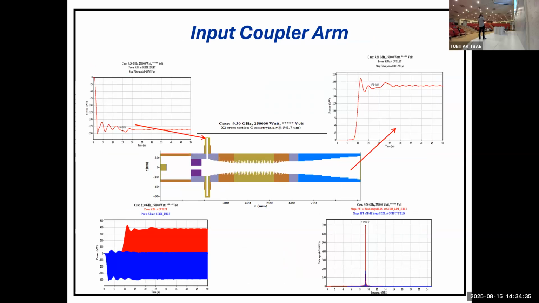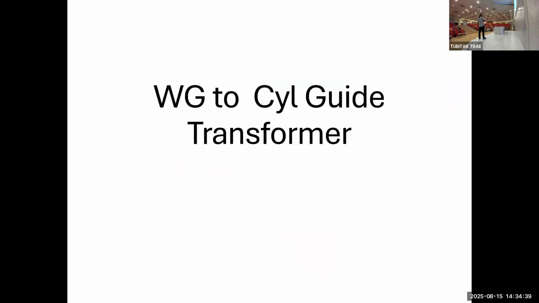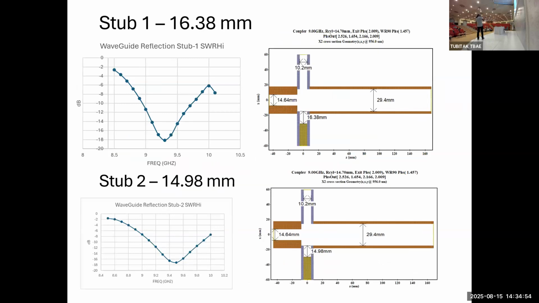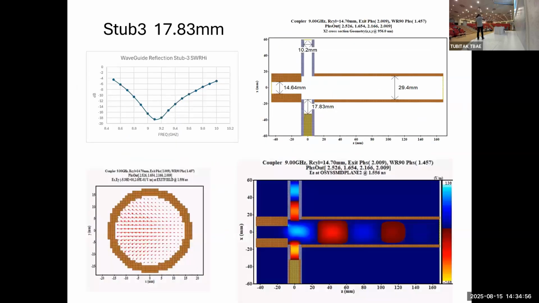This is the input coupler from one arm, I think this one. The study for the single arm or double arm is really tuning, basically. You run a lot of simulations to find the optimum, the sweet spot that you want to work at. So these are just different tuning points.